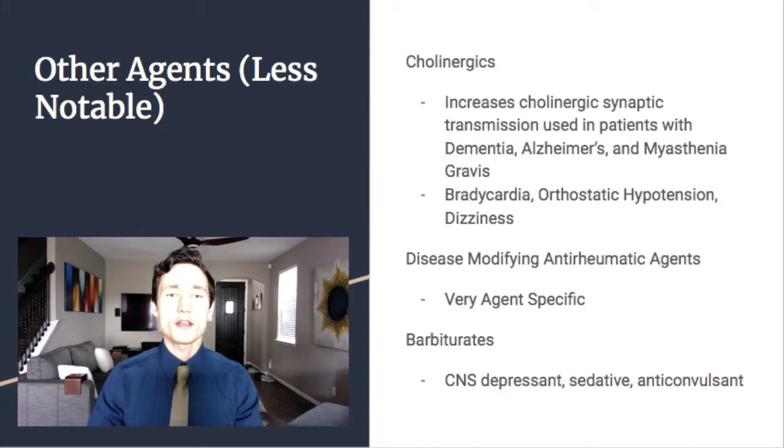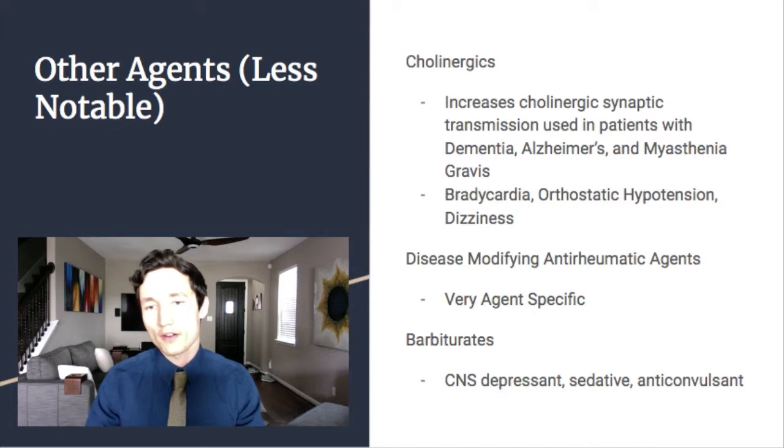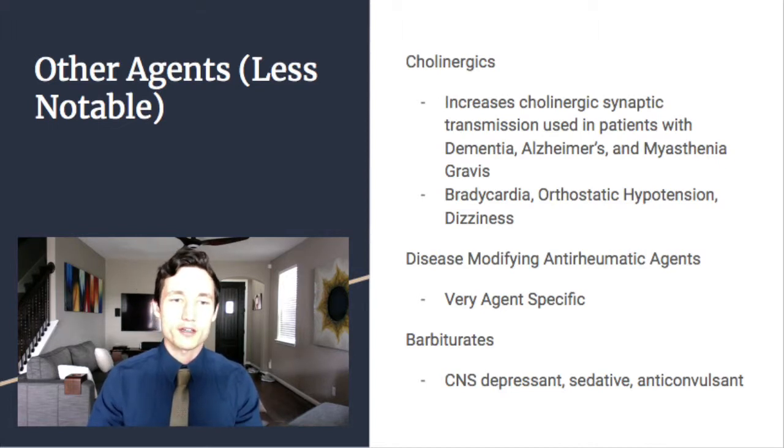As common as barbiturates are, you'd think they would have been discussed more in depth, but essentially they're used for insomnia, seizures. The main implications here, for the physical therapist, are that it's a CNS depressant, and sedative, anticonvulsant.